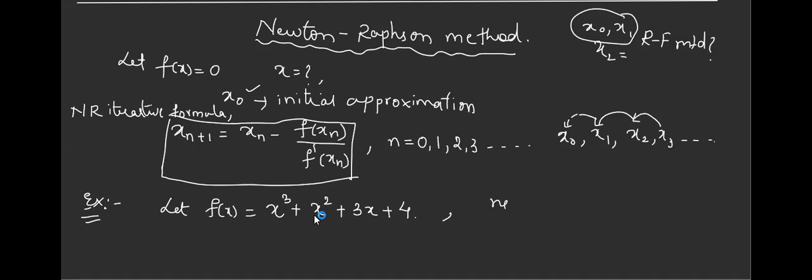And they have told near x equal to minus 1. The meaning of near x equal to minus 1 is that the value x naught, we have to take as minus 1. Understood? This means x naught should be taken as minus 1. Okay, now one more thing. This is a cubic equation, isn't it? How many roots do you get for a cubic?